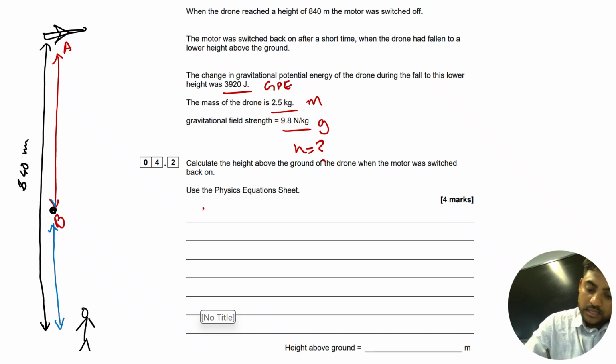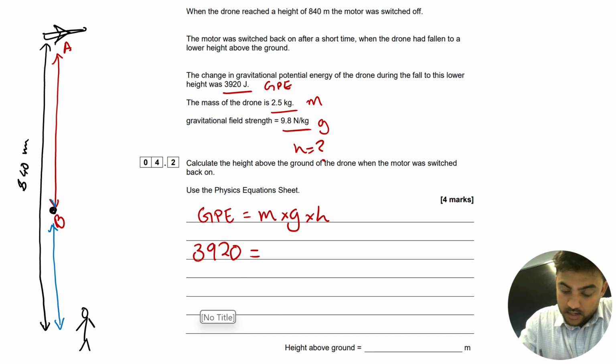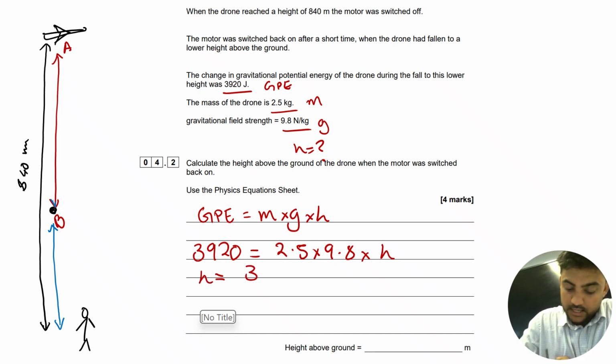The formula that we're going to choose is GPE = mass × gravity × height. We substitute our numbers: 3920 = 2.5 × 9.8, which is gravity on Earth, by the way, × height. Then we get the rearranged formula, 3920 divided by (2.5 × 9.8).